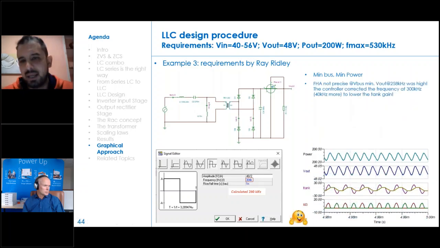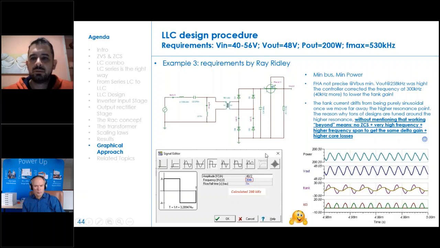Actually, once again, this is the second time in this presentation we have demonstrated that the first harmonic approximation is not precise at the minimum bus, because the output voltage at this frequency, the one I have calculated, was high. So the controller increased the frequency to reduce the gain, and the frequency at which the controller stabilized is 300 kilohertz approximately.